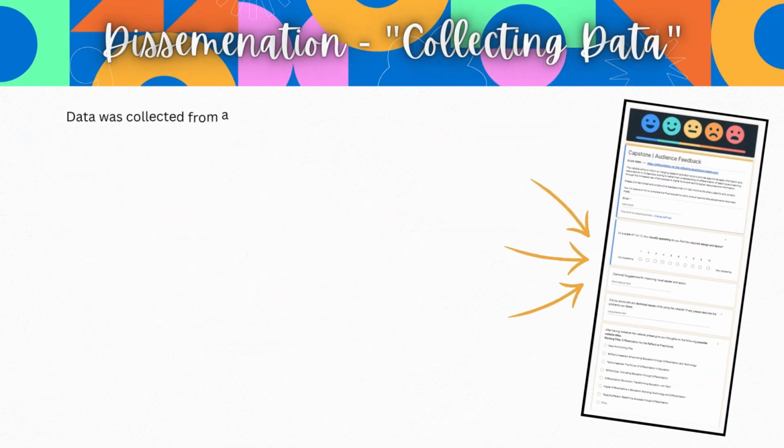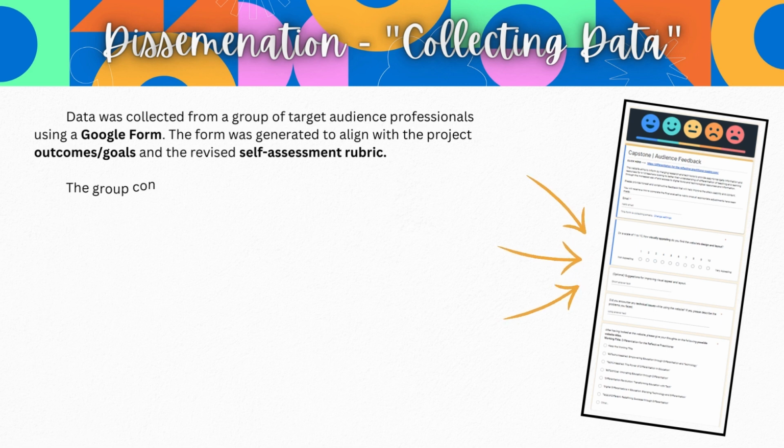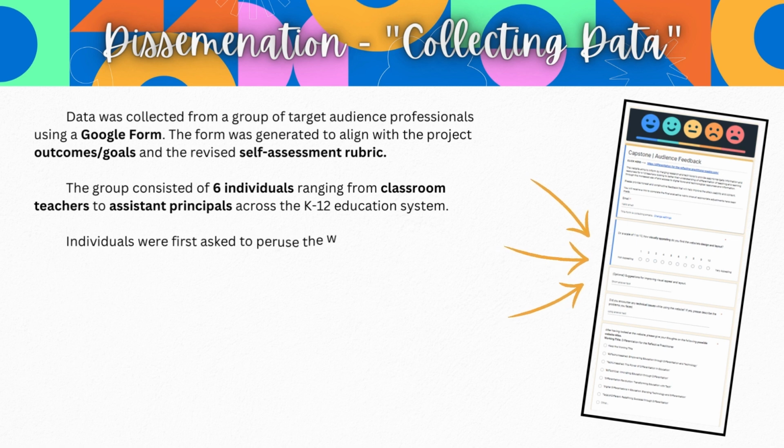Dissemination, collecting the data. Data was collected from a group of target audience professionals using a Google form. The form was generated to align with the project goals and outcomes, as well as the revised self-assessment rubric. The group consisted of 6 individuals ranging from classroom teachers to assistant principals across the K-12 education system.